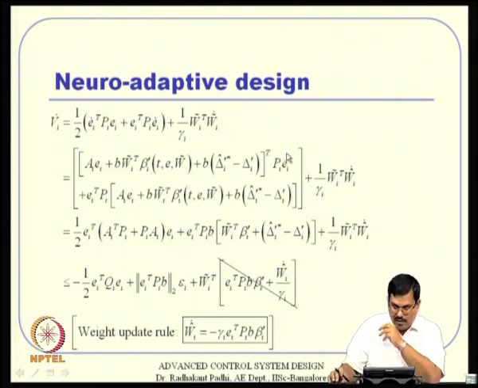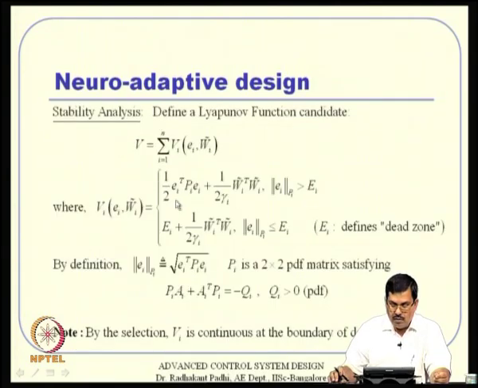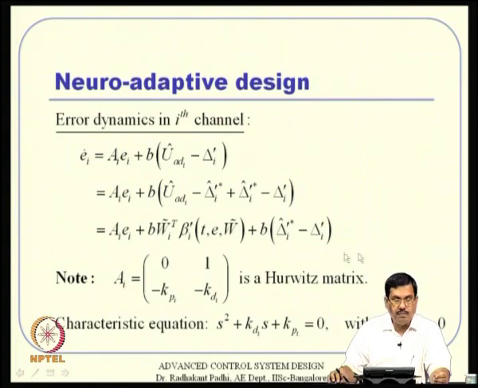I will not take you through all the derivations because it is there anyway. Then you substitute for Ei dot all the terms that you have. Take the transpose of that and put the Ei dot expression again in the right hand side of it. This Ei dot is just something that we derived here.